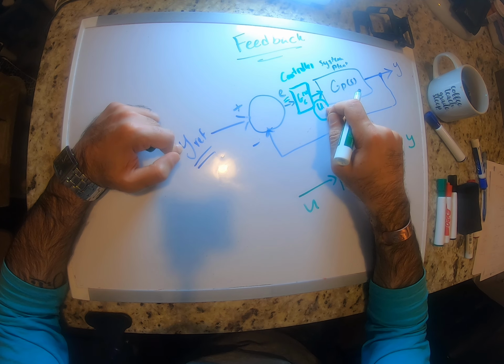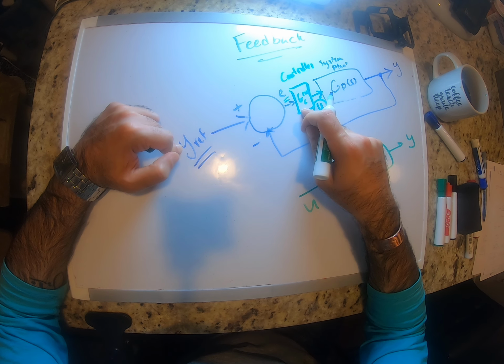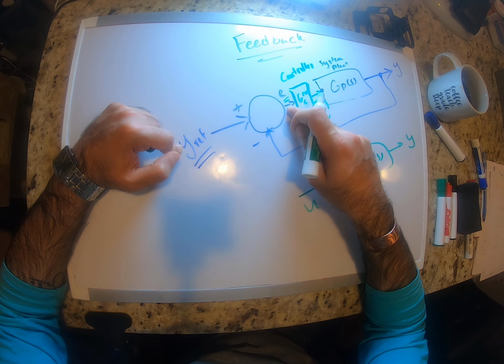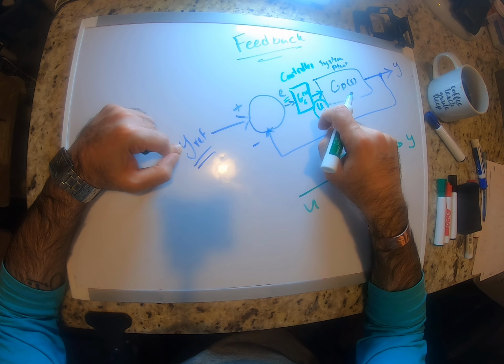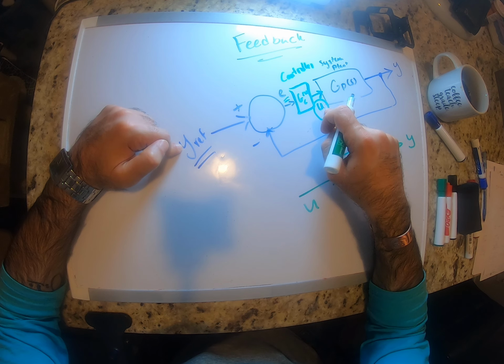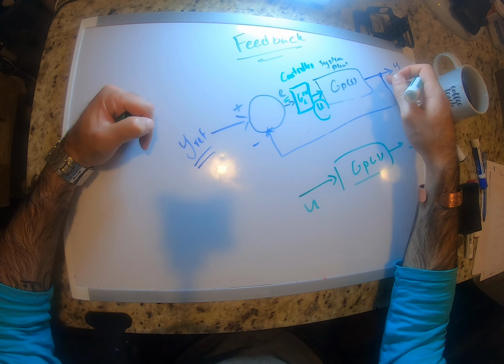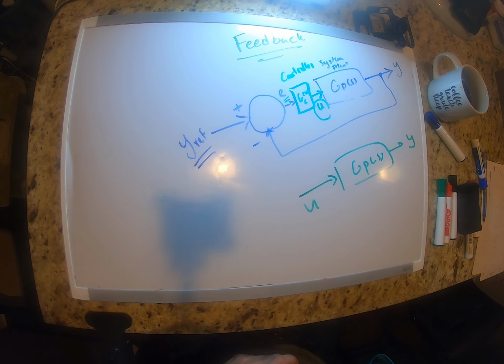And where does this variable input come from? It comes from a controller that senses the error and provides the modified input to our plant, right? So this is the concept of feedback that we have.